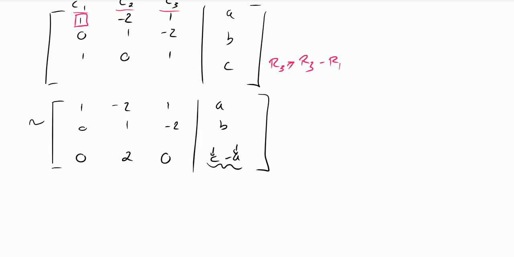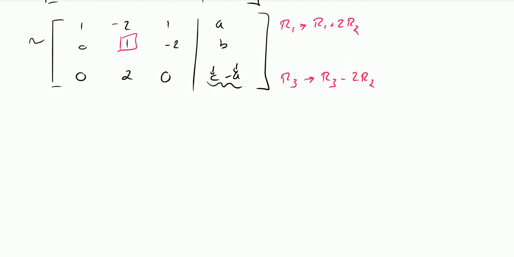Okay, next, what it looks like I should do, I'll use this one, and I'll say row 1 becomes row 1 plus 2 times row 2, and then row 3 becomes row 3 minus 2 times row 2. Now what happens here is this stays the same.